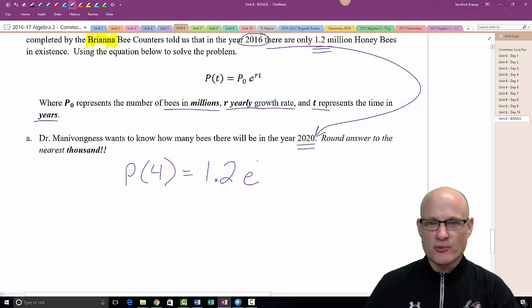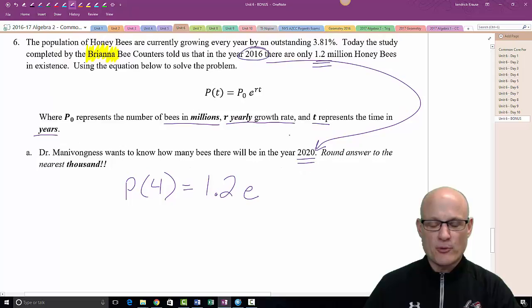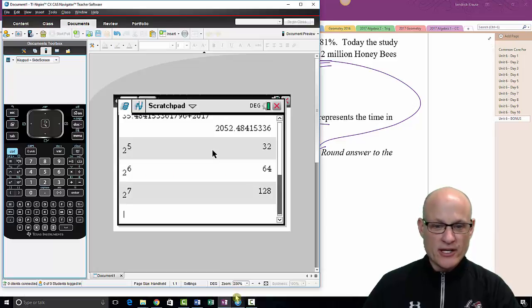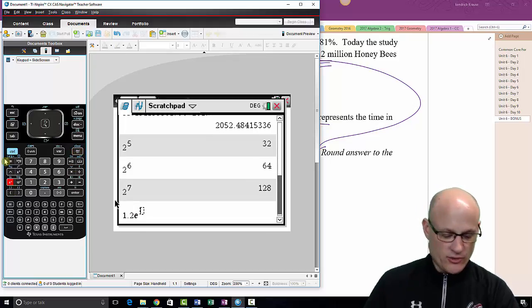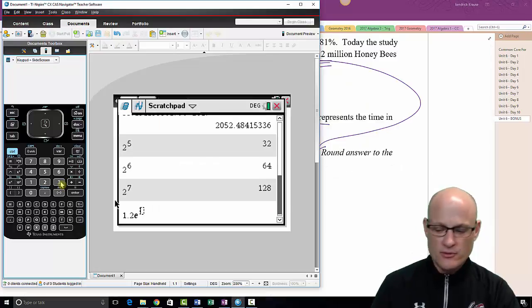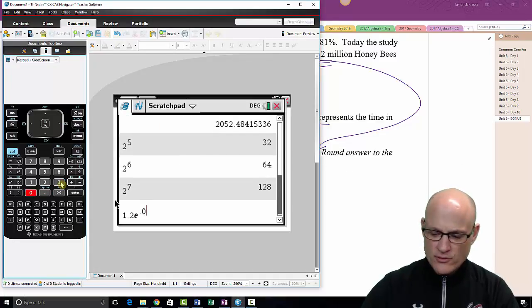to the, oh, there's a tricky part of this one. All right, so what's my growth rate again? 3.8, so 0.0381 times 4. So yeah, I kind of was nasty on this one. 1.2 e to the 0.0381 times 4.